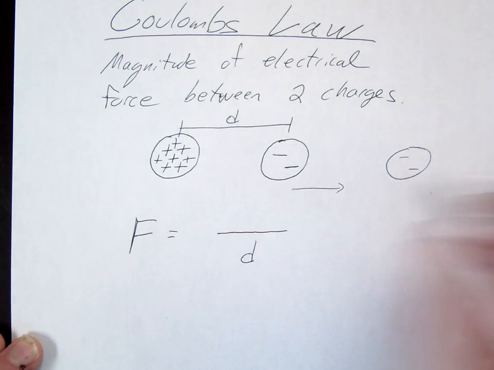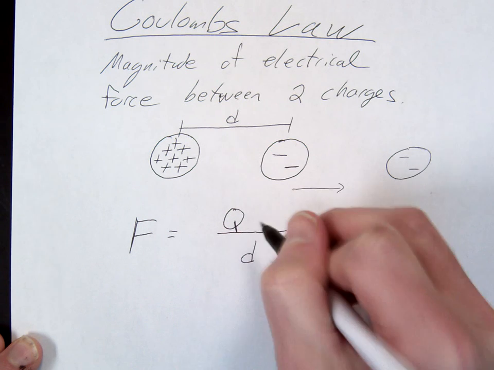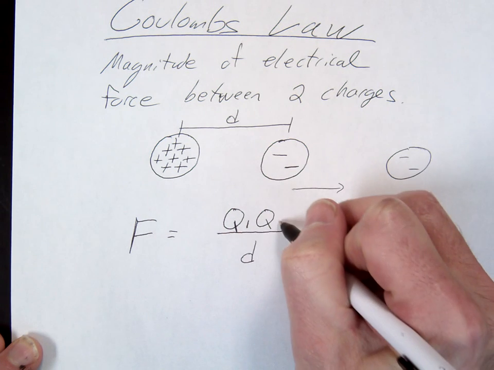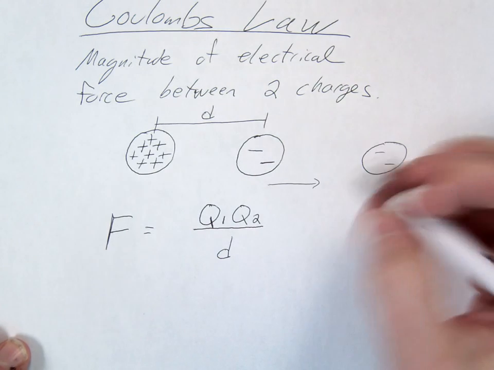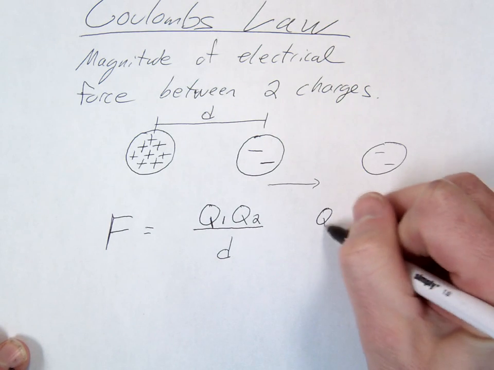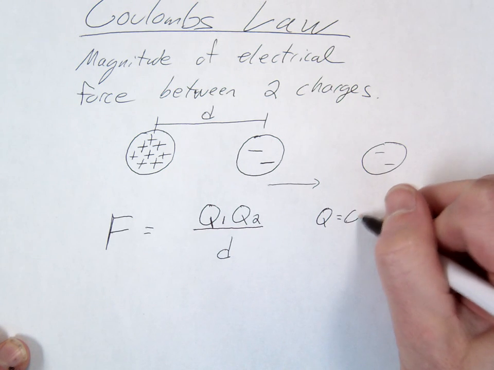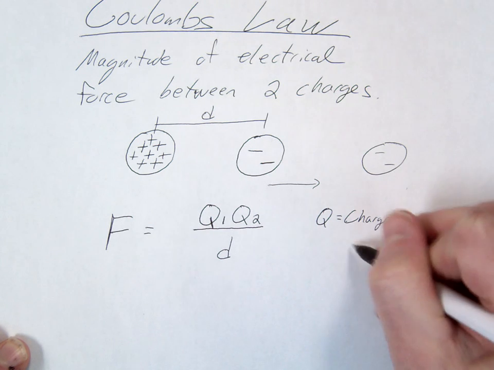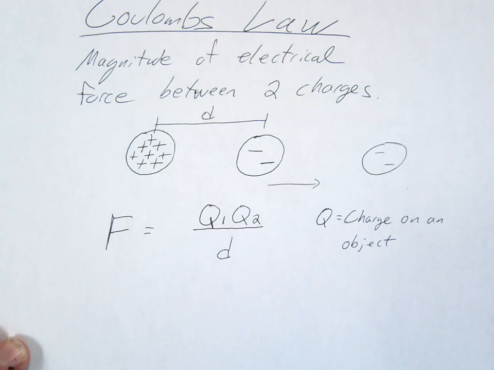So the symbol we use for charge is Q. Since there's two Q's, we're going to put Q1 and Q2. So yeah, let's just label what these mean. So Q is the charge. Can anyone remember the unit for charge?